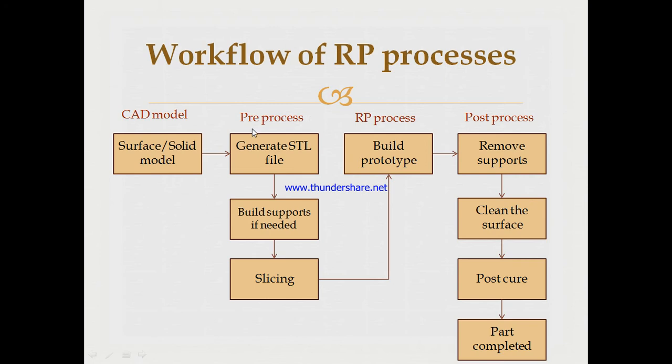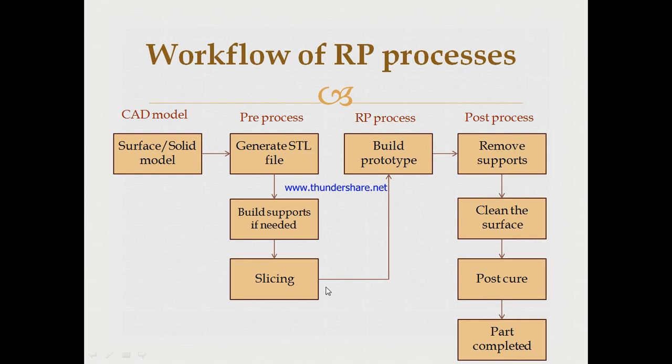There are two parts: pre-process and post-process. Pre-process is the process before going to the rapid prototyping process. So it generates the STL file, builds the supports which are required, and slicing.